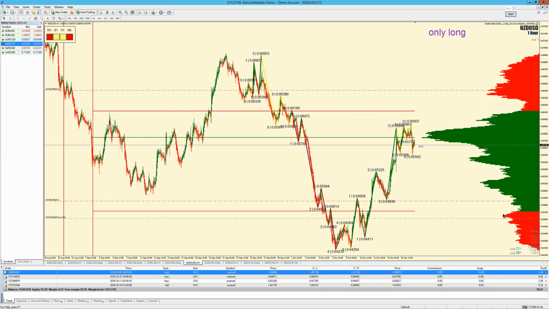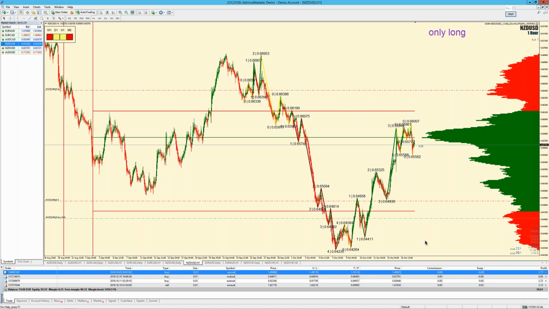It's only an indicator. It's not an expert advisor, but in combination with my expert advisor and the market profile, you can make a lot of money. But let me tell you the secret behind that. There are rules. You have to hold your rules.